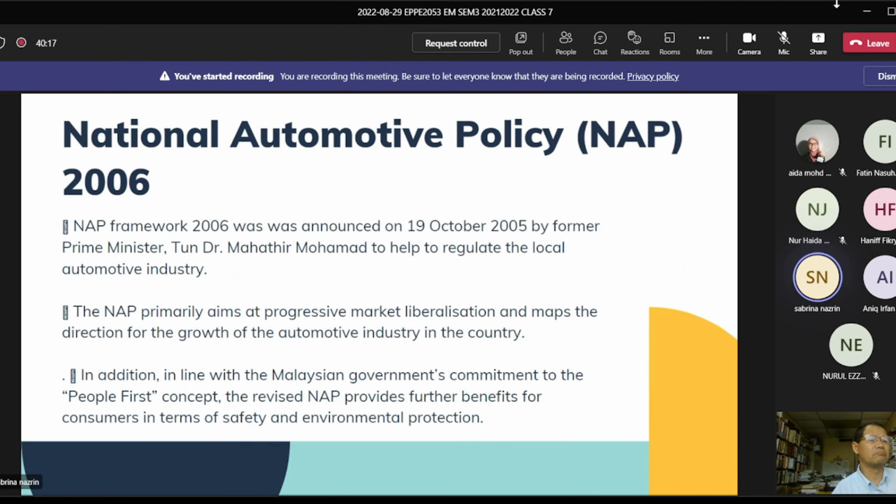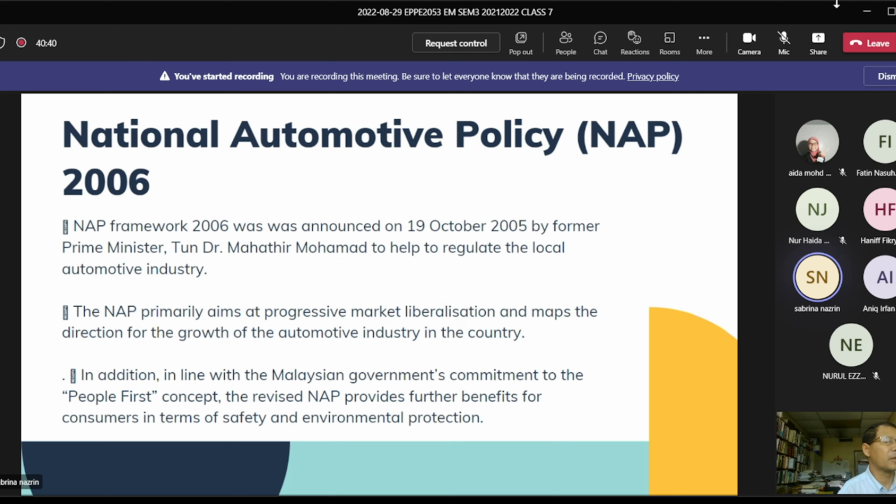For the National Automotive Policy, which is NAP 2006, the NAP Framework 2006 was announced on 19 October 2005 by former Prime Minister Tun Dr. Mahathir Mohamad to help regulate the local automotive industry.